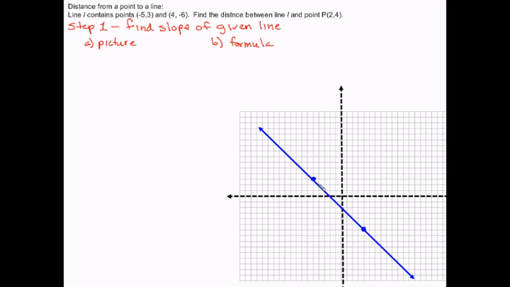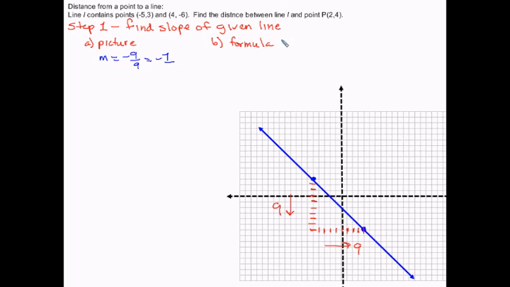To get from this point to this point, first I go down 9, and then I go over 9. So my slope from the picture is -9/9, which is the same thing as -1.